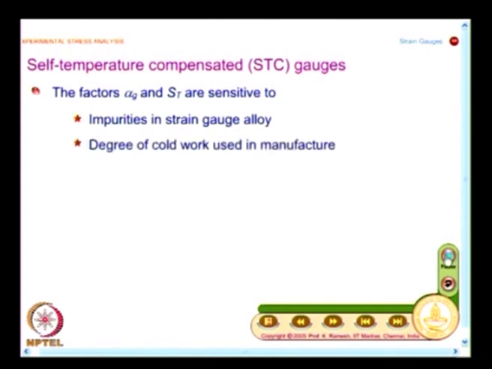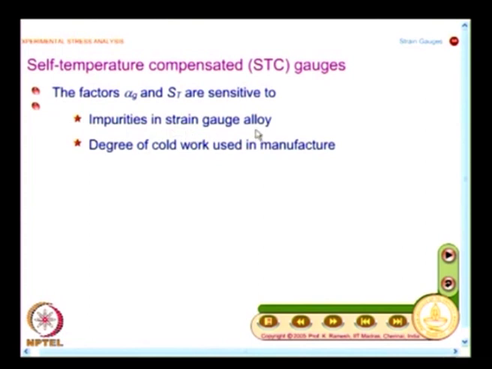In the literature it will be abbreviated as STC. Fortunately, you find the factors alpha g, that is the coefficient of expansion of the gauge material, and the sensitivity of the strain gauge material to temperature change, are sensitive to impurities in the strain gauge alloy.